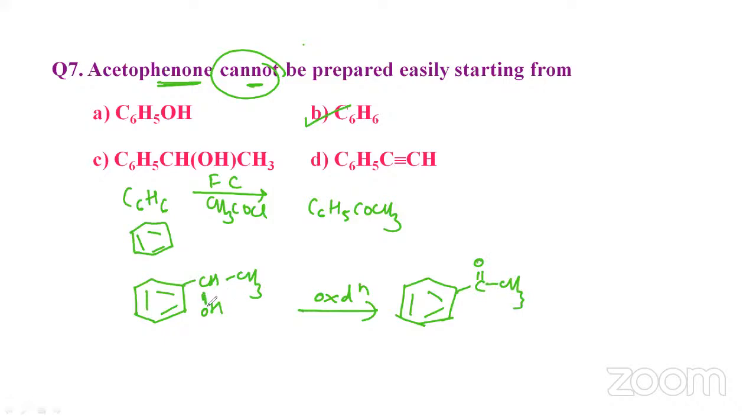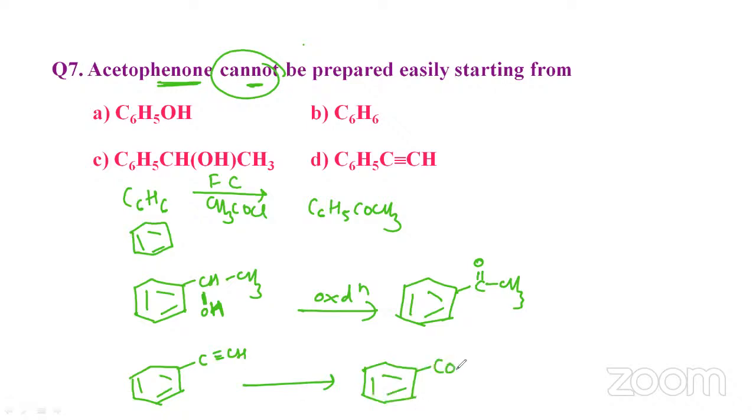There will be a removal of this hydrogen, and it isomerizes to give a double bond, so this is also possible. Next we'll see with C6H5 nitrile, which we had also seen. Is it possible to prepare? It is C6H5 C triple bond CH. It undergoes an addition reaction, and what does it form?